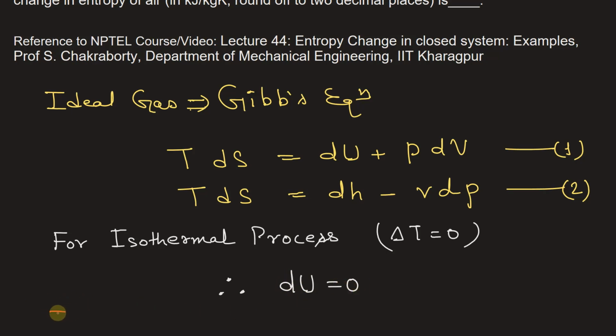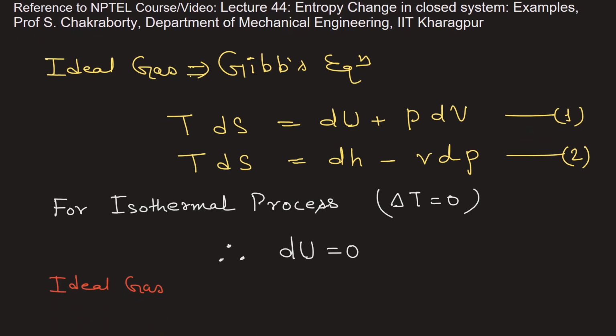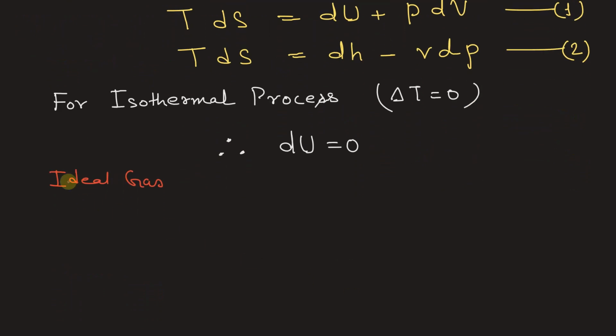Now for ideal gas, from the ideal gas equation, we can write PV is equal to nRT. So we can write pressure into volume is equal to mRT. Here R is the gas constant and not the universal gas constant, right?